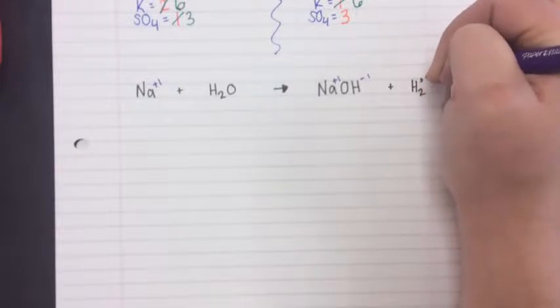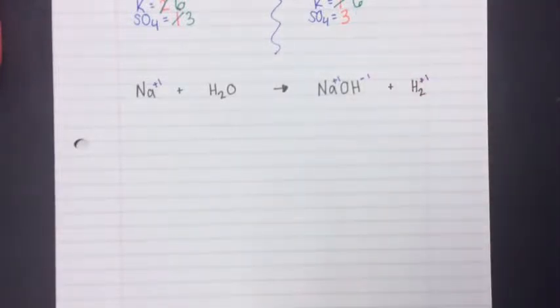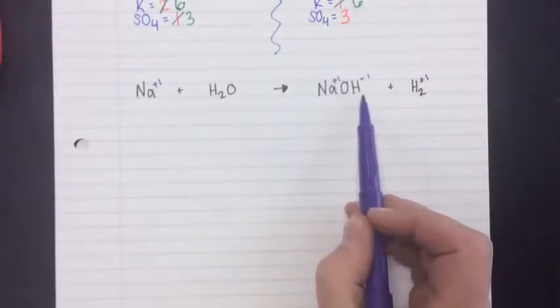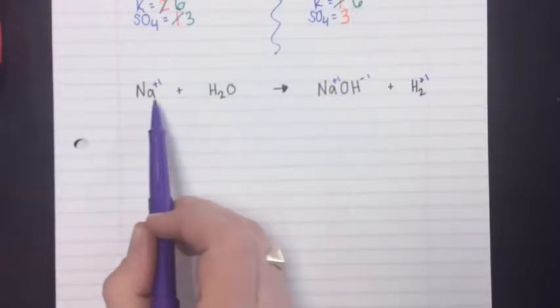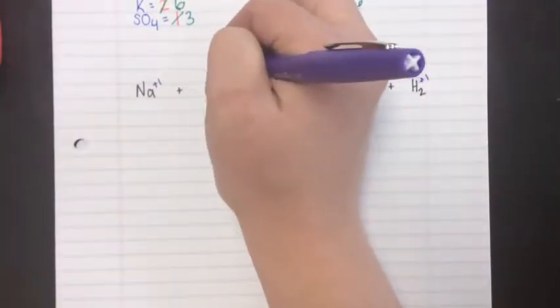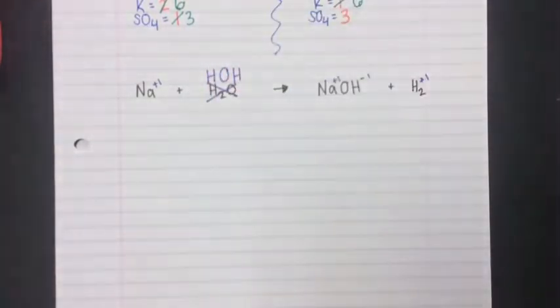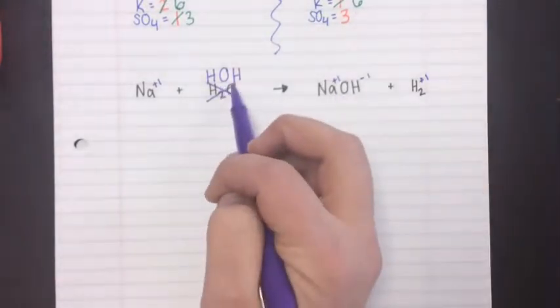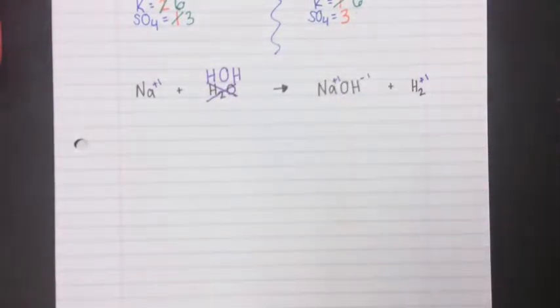Remember, hydrogen is a diatomic. One thing I notice is that I have hydroxide on my product side, but no hydroxides on my reactants. If I rewrite water as HOH instead of H2O, I now have a hydroxide on both sides, which I can easily count as a polyatomic ion.